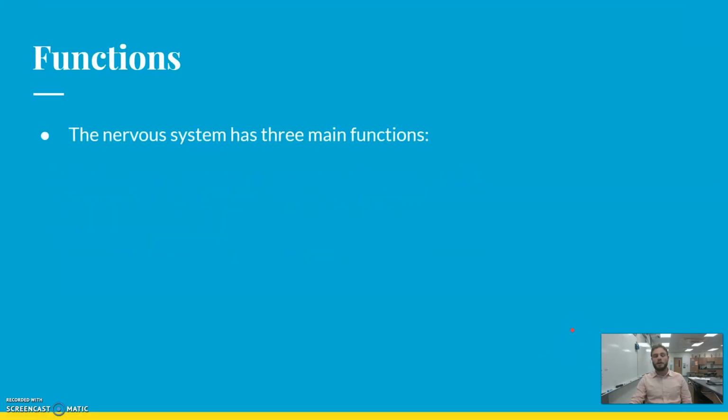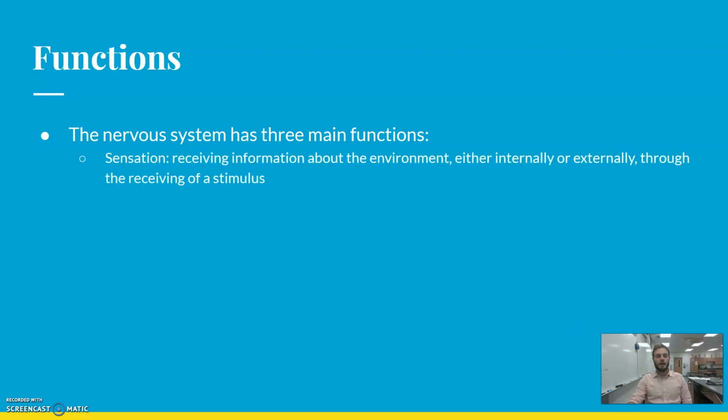There are three main functions of the nervous system that we're going to take a look at. As we go through a lot of these structures, just recall that these are the functions that they are serving. Some parts of your nervous system are going to be responsible for sensation. That is, they're going to receive some sort of information about the environment. So maybe some thermoreceptors in your skin sense that it is cold outside.